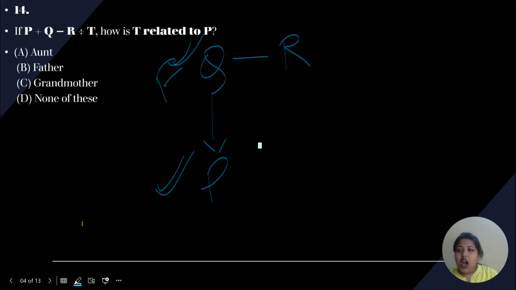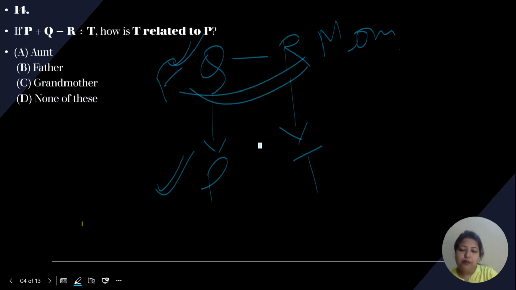Now division means mother. R is the mother of T. So now we know that R is female. So Q and R are brother and sister, and P and T are cousins.